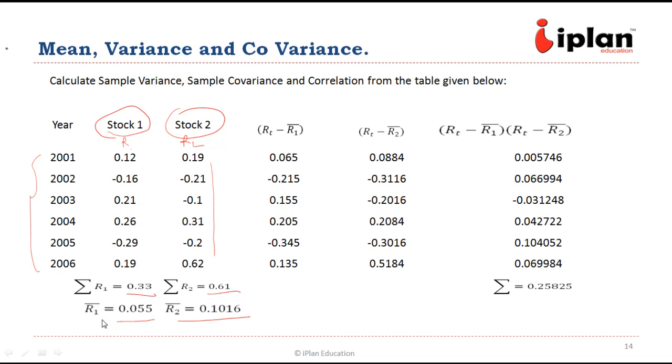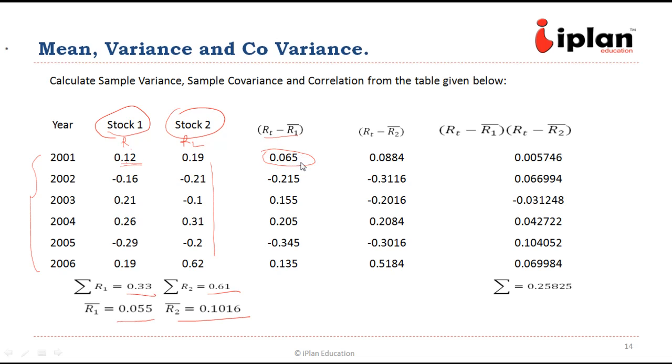Then for the calculations of variance and covariance, we have the difference between each value and the mean. This is the measurement of deviation from the mean of stock 1 itself. So in year 1, the variation was 0.065 from the mean.